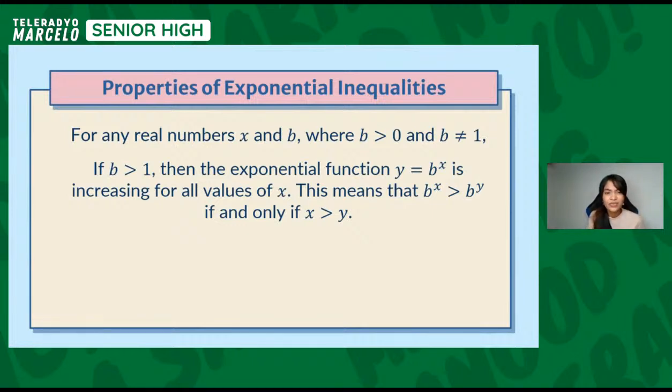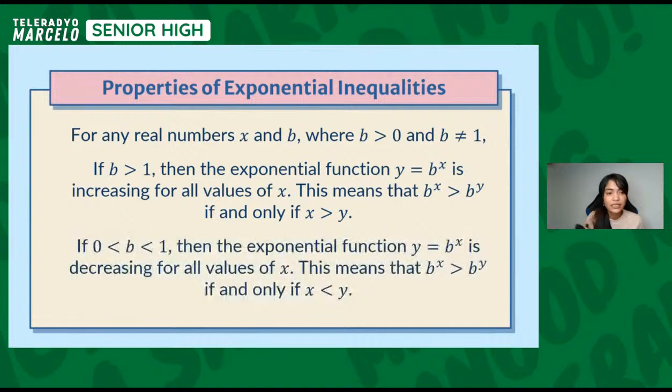is greater than y. So ano ibig sabihin nun? Yung exponential expression natin on the left side will be greater than the expression on the right side kung yung exponent nung nasa left side ay mas malaki sa exponent nung nasa right side. So that is the first case. For our second case, if our base is between 0 and 1, then the exponential function y is equal to b raised to x is decreasing for all values of x.